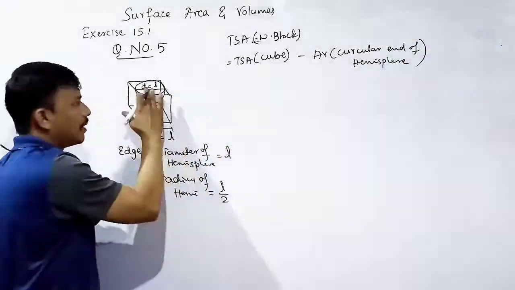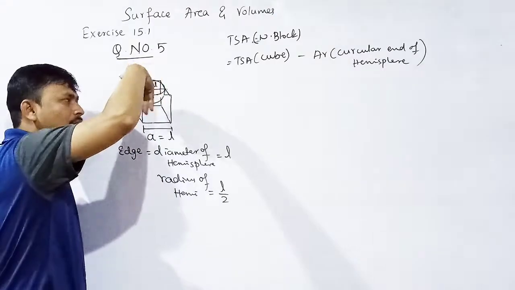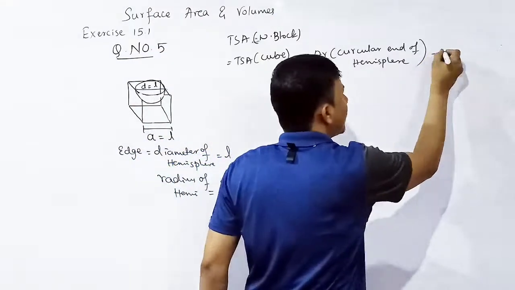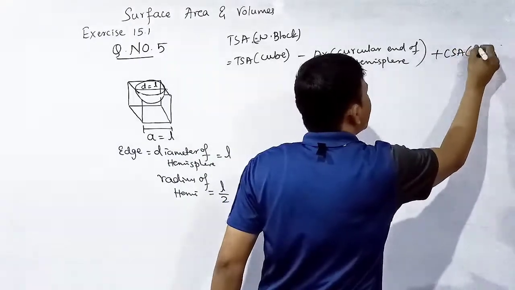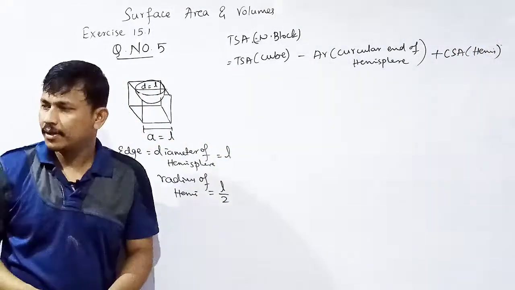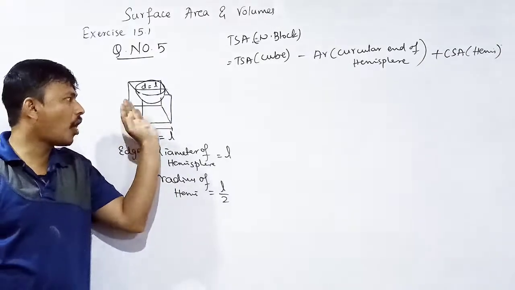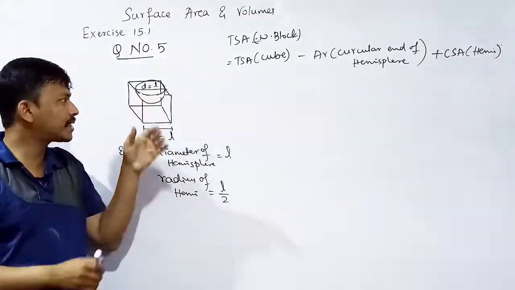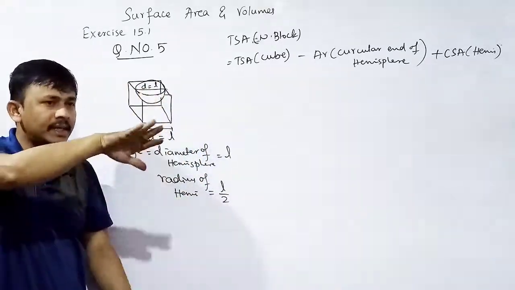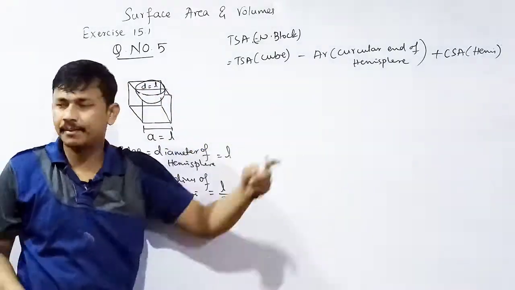Circular end of hemisphere plus you can feel the inner surface area of hemisphere. That means CSA of hemisphere. What did we do, friend? First of all, we took all faces of cube minus the upper circular face of hemisphere plus inner surface area of hemisphere.